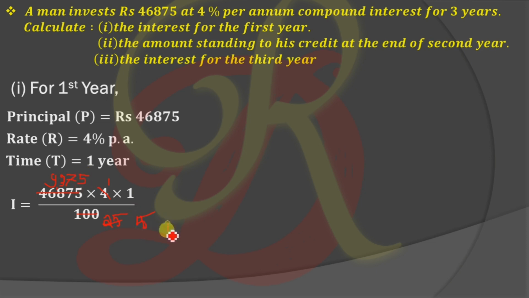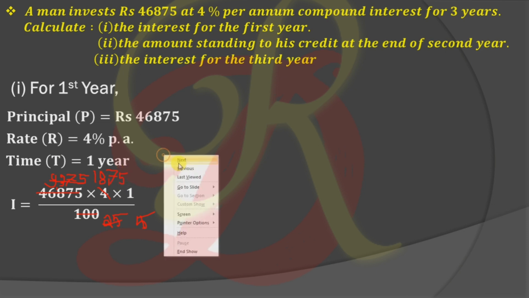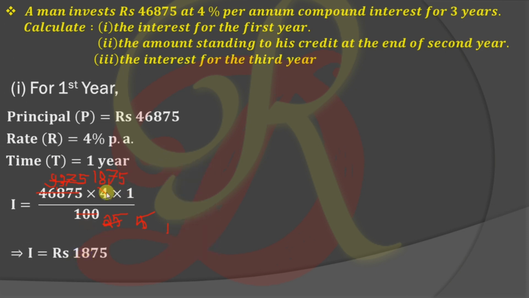Now we get 5 1s are 5, with the 5 1s are 5, 6 7 8 9, 5 8s are 40, 43, 5 7s are 35, 5 5s are 25. So interest is equal to 1,875. So we got the answer for sub-number 1.